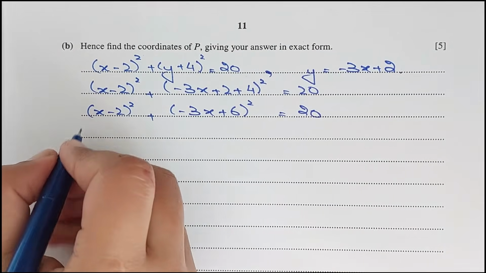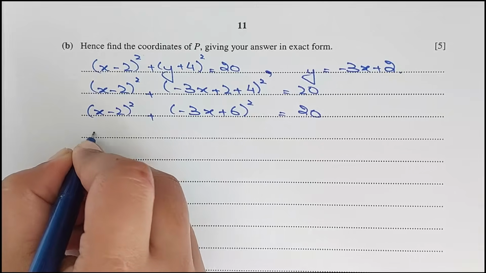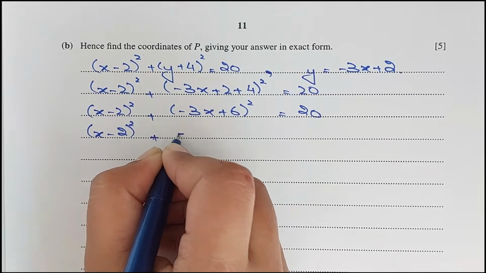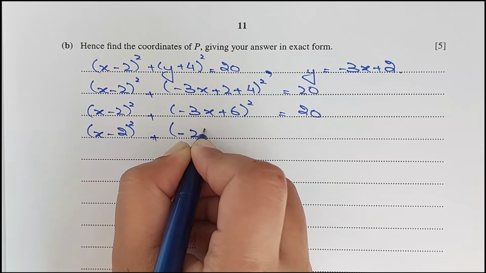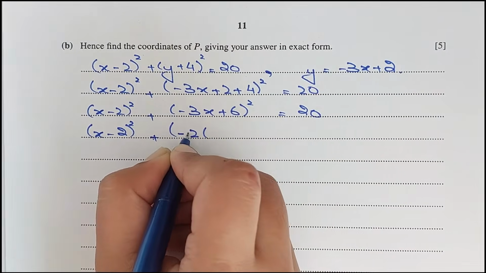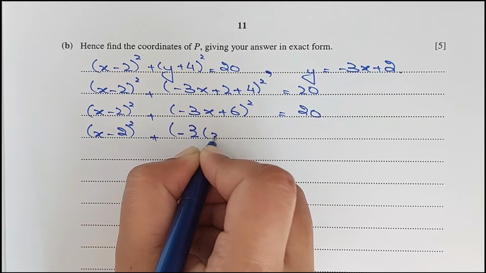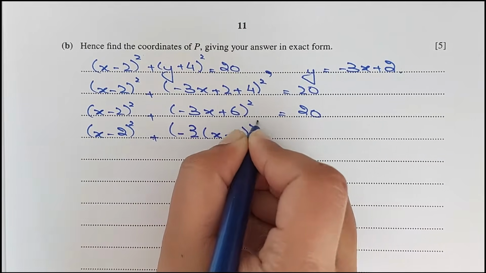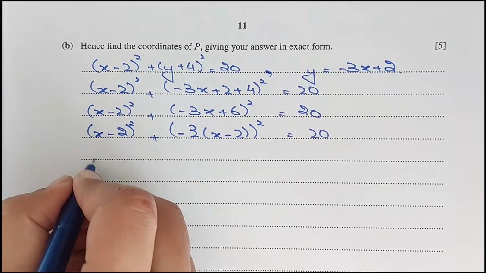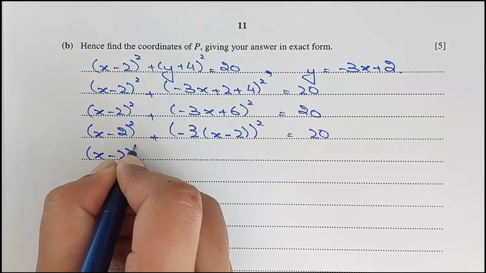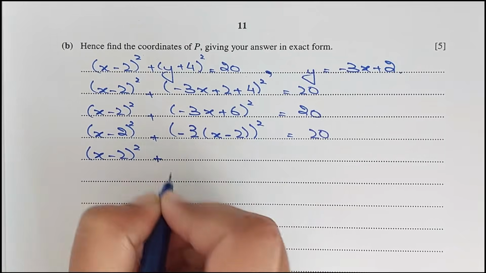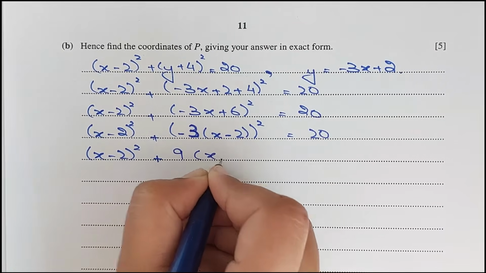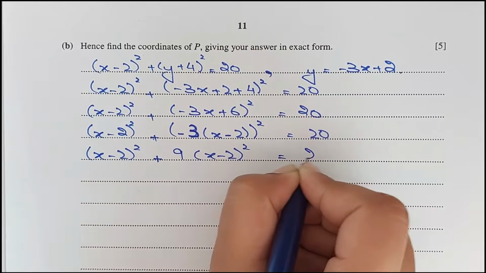For the simplification, if I take minus 3 common, we have minus 3 times (x minus 2), since 3 times 2 is 6. So we have (x minus 2) whole squared plus 3 squared, which is 9, into (x minus 2) whole squared equals 20.